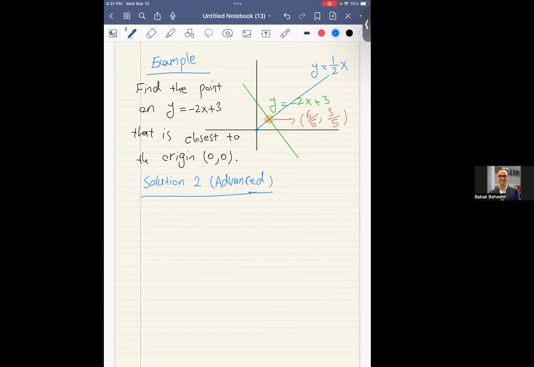So now the question is, if you have any point on the plane, what is its distance to the origin? Here we don't even need the blue line.